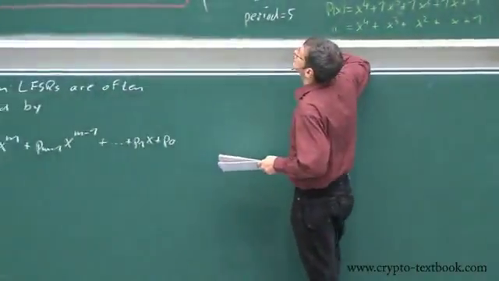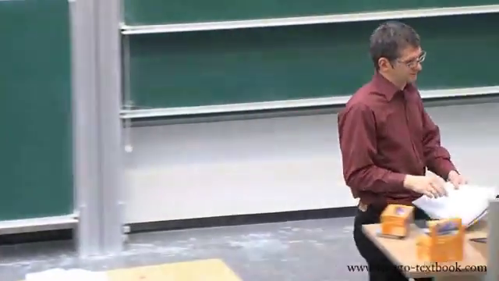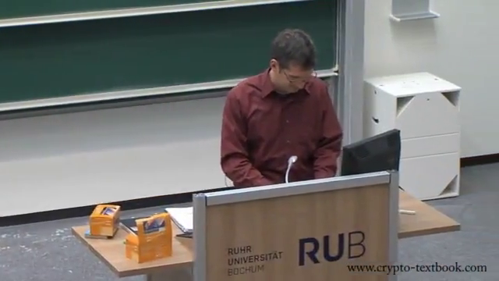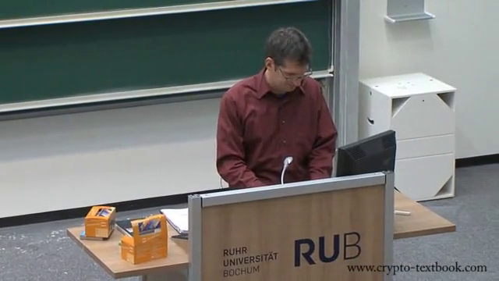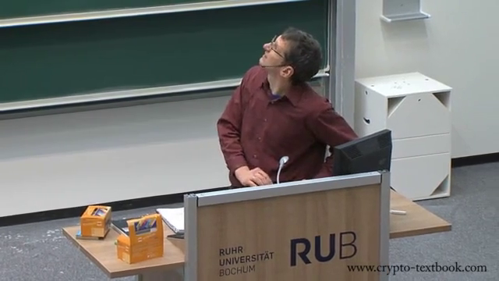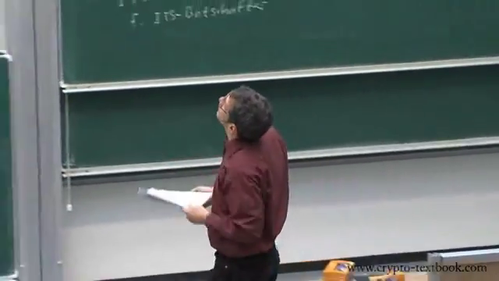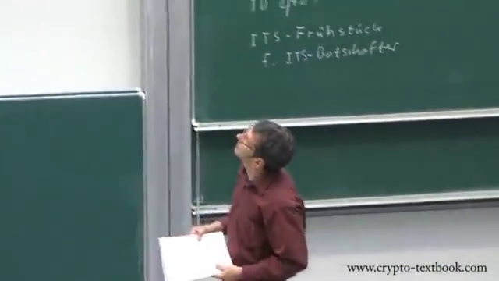Maybe I'll write this down, one last theorem. What you see here, for instance, these are primitive polynomials, what we call primitive polynomials.